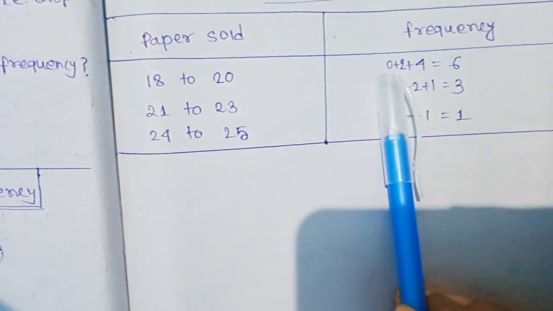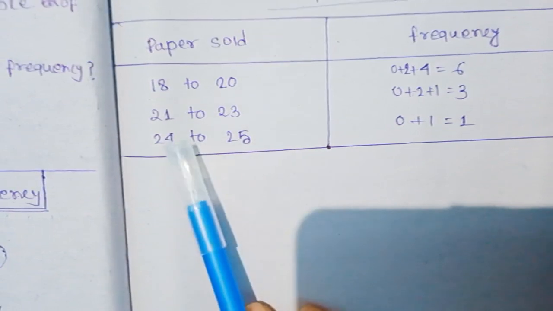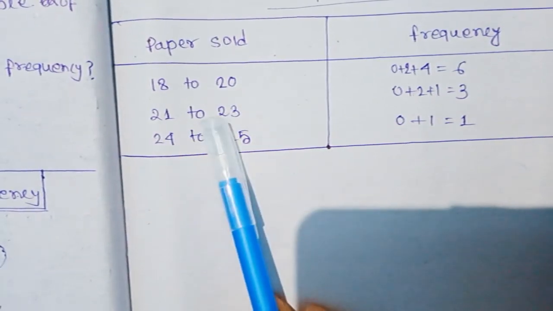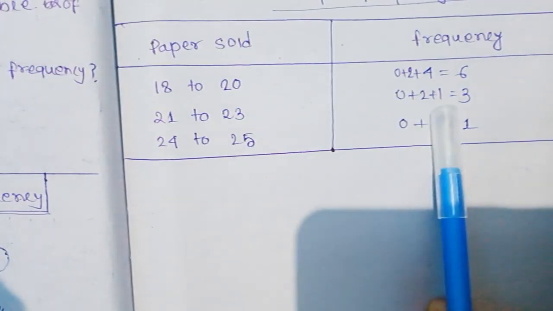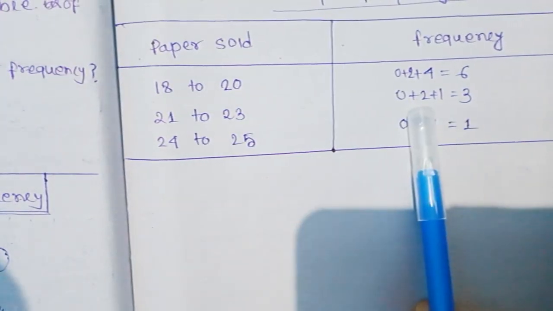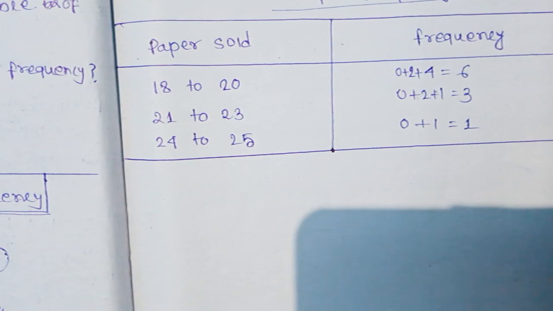So 18, 19, 20 all frequencies are added. Similarly, frequencies of 21, 22, 23 are added, and in addition we get the group frequency. Any group frequency you have to calculate like that, by adding.